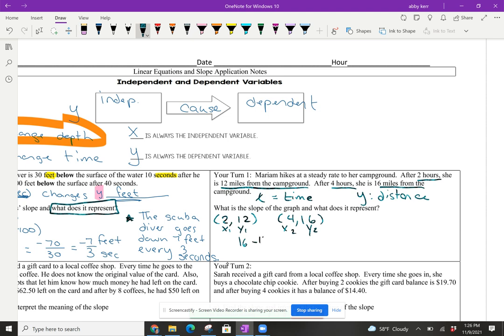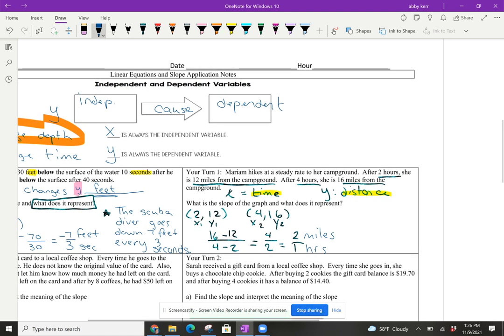So 16 minus 12 over 4 minus 2. Always simplify. So if you get 4 over 2, simplify it to 2 over 1. Reason why we want to make it a fraction is because we have 2 units. Our distance is our miles, and then our time is our hours. So she hikes 2 miles every 1 hour.